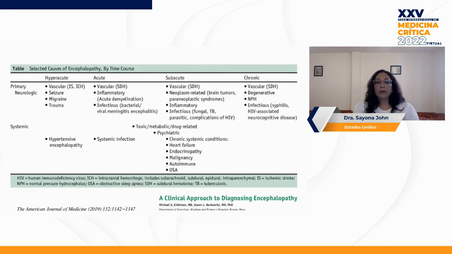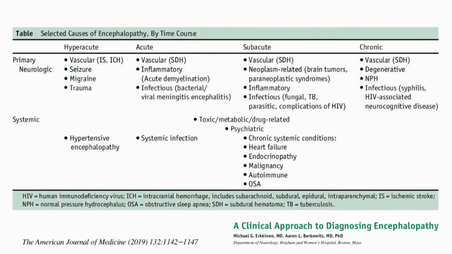Now, just a little bit about acute encephalopathy. There are many reasons why patients can develop encephalopathy. It can be a primary neurological cause, which can be vascular, seizure, migraine, trauma. The spectrum can range from hyperacute to more chronic reasons. The chronic reasons can be degenerative, normal pressure hydrocephalus, or even those indolent infections like syphilis or HIV-associated neurocognitive diseases.